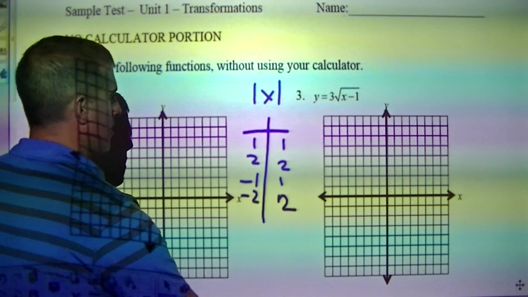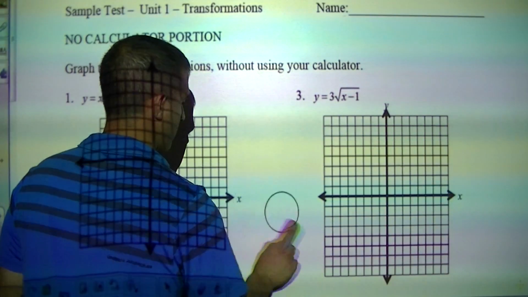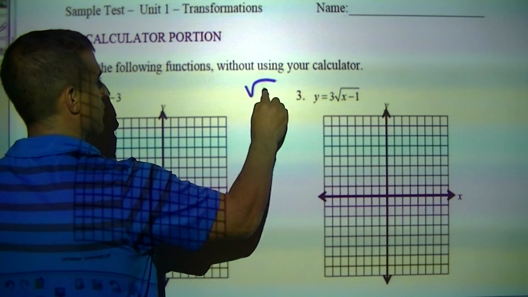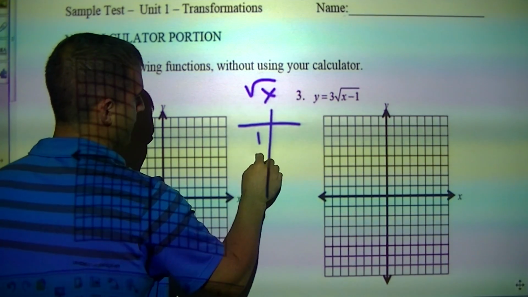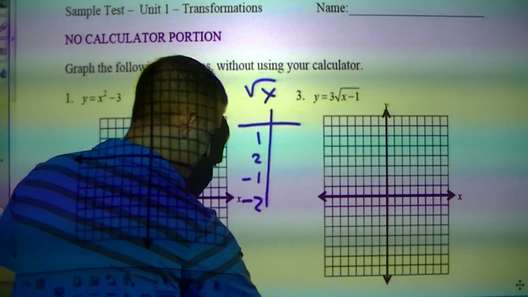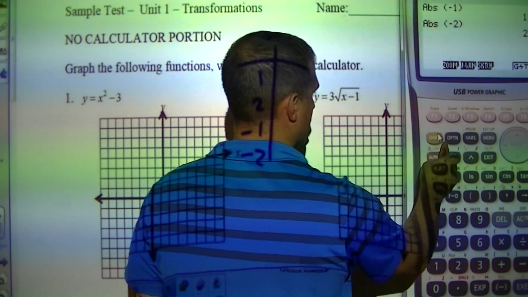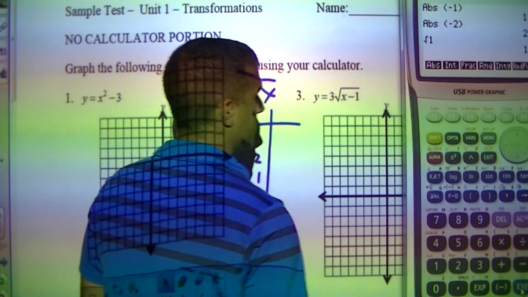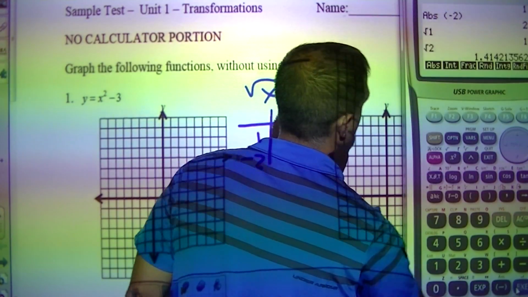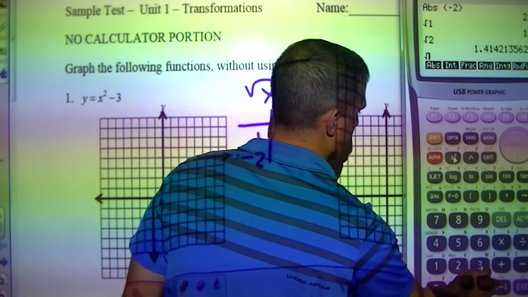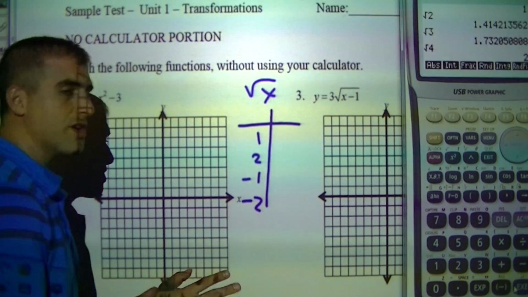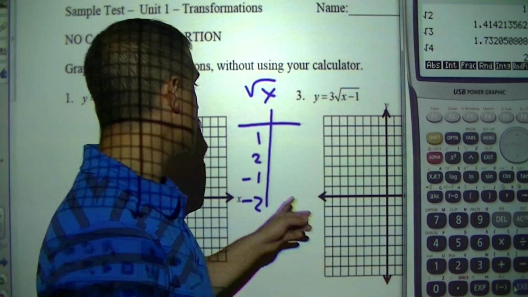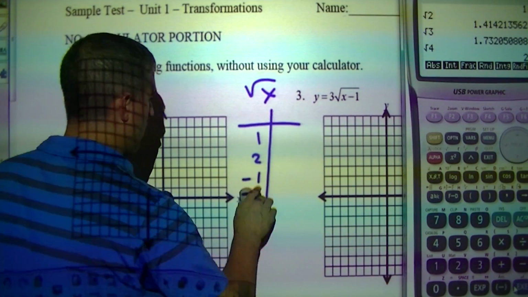Now for the square root function. If we use these same numbers, the square root of 1 is 1, but the square root of 2 is nasty, and the square root of 3 is nasty. The square root of 4 is 2. Because I want to graph 2 points to the left and 2 points to the right, I'm not going to use 1, 2.